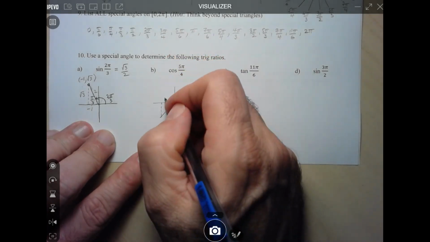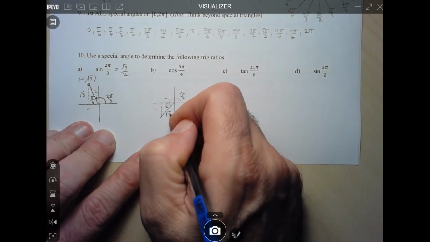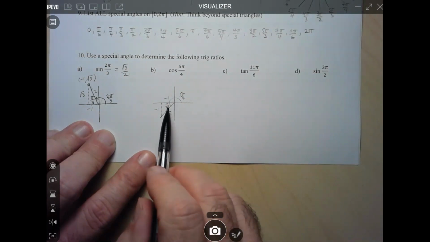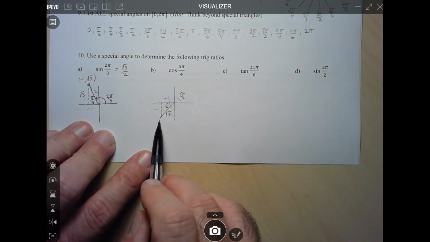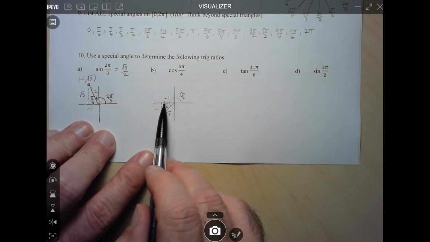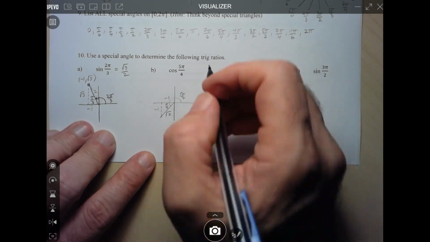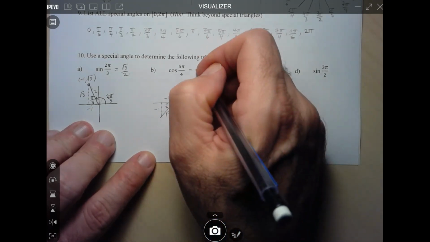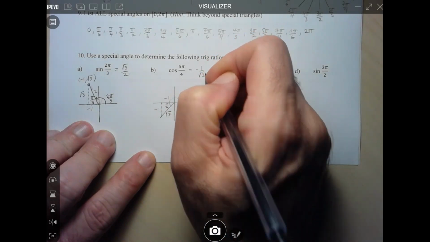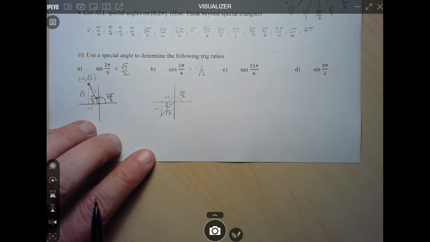And from here, -1, -1, root 2. So I'm using the side lengths to help me get my x value and my y value. But of course, I have to remember that the x value is negative and the y value is negative. So from here, cosine is x over r, -1 over root 2. And of course, cosine should be negative in the third quadrant.